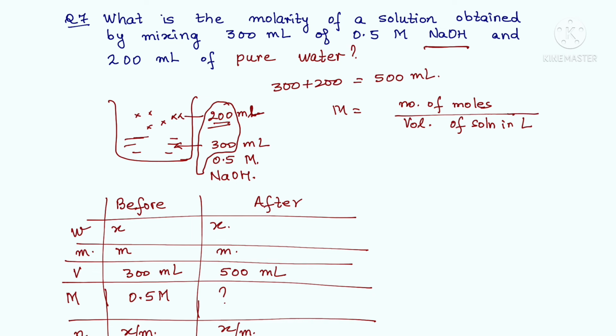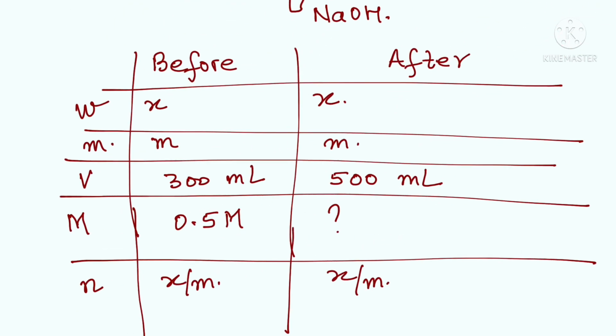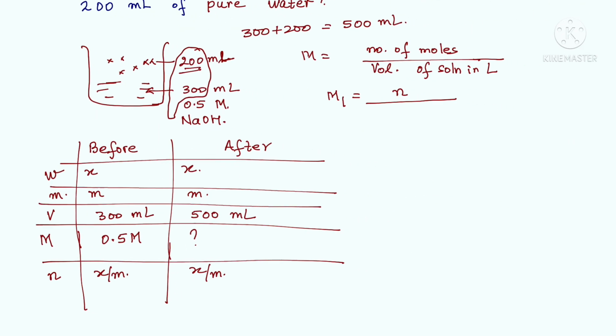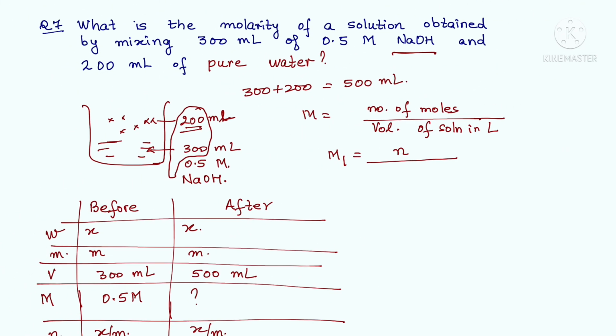Now the first molarity is M1, number of moles is n, and the volume of solution in liters when we started with it was 300 divided by 1000. Why 1000? Because we have to convert it into liters. After adding water, M1 is given to us as 0.5.